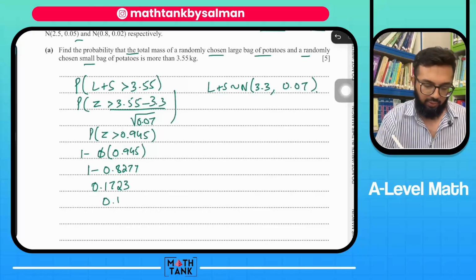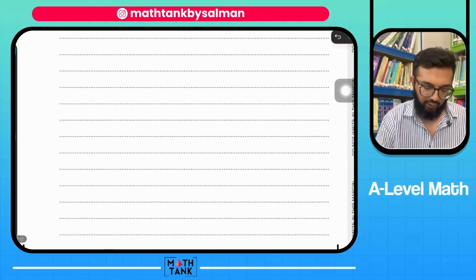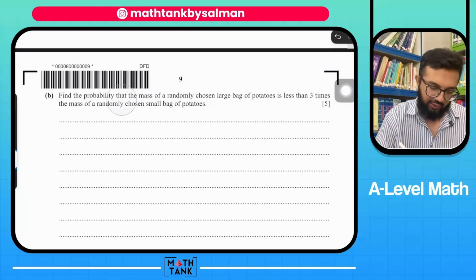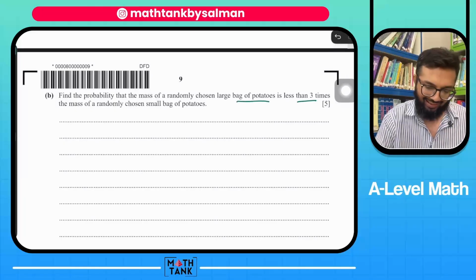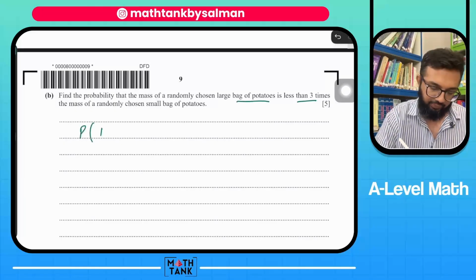Yeah, 0.172 correct to 3 significant figures. Let's see what part B says. It says find the probability that the large potato is less than 3 times the small potato, L minus 3s.